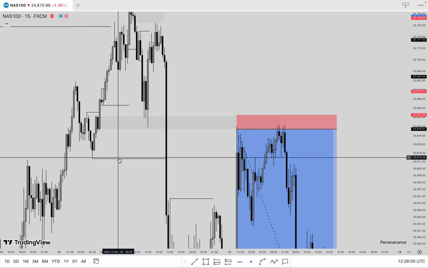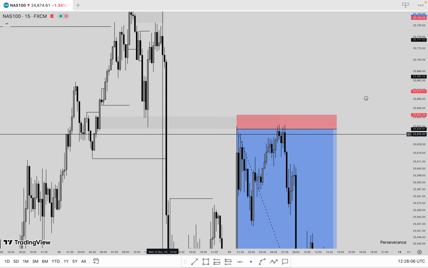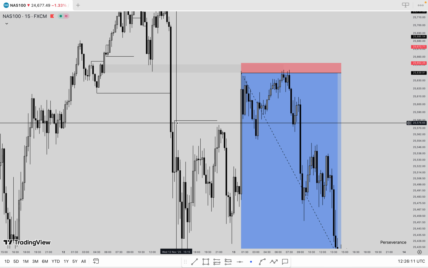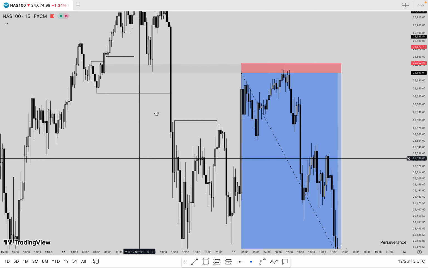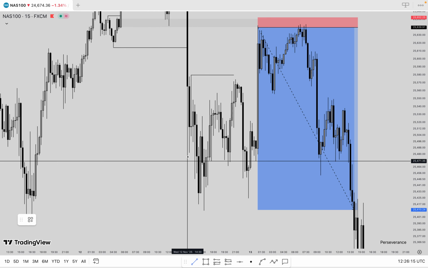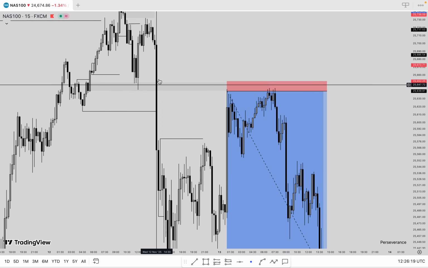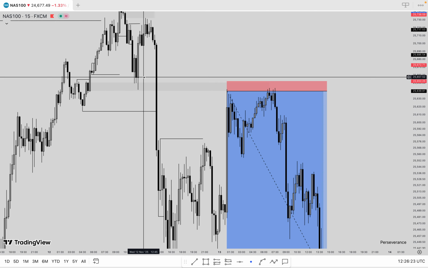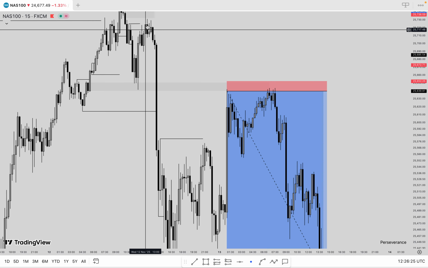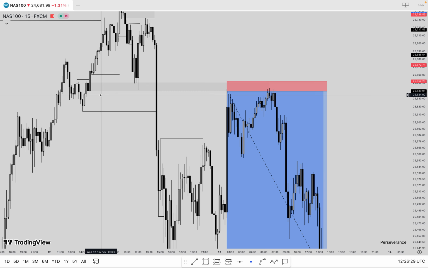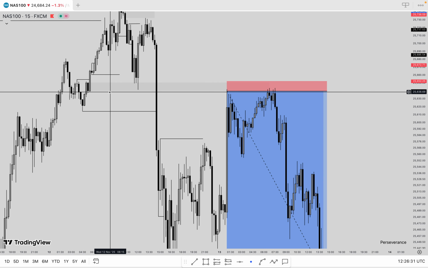So we had this break of structure here, and after this break of structure, we have this pullback, which is this inducement. Confirming this inducement, we had this break of structure again, right? So it was very, very easy for me to take this sell position, because obviously since price respected this other block, now price coming back here, the chance of price respecting it as a breaker block is very, very high.